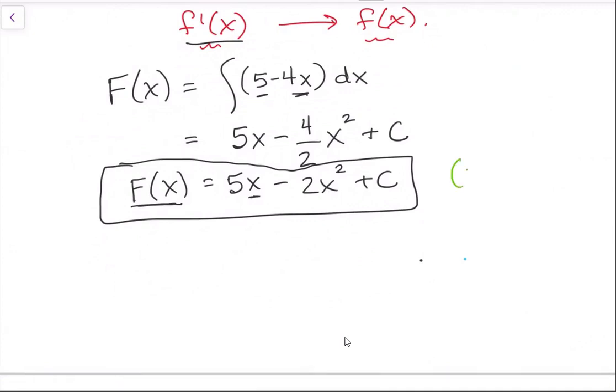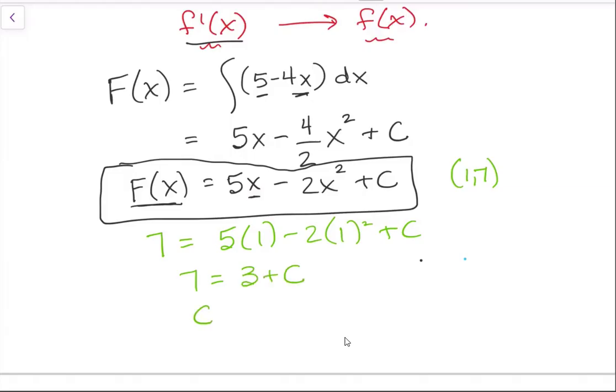The point we were given was (1, 7). So we replace the 7 for y and the 1 for x, and that should be enough to tell us what c is. We've got 7 is equal to 3 plus c, so our c value is 4.